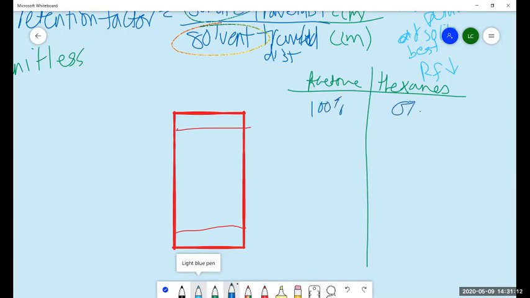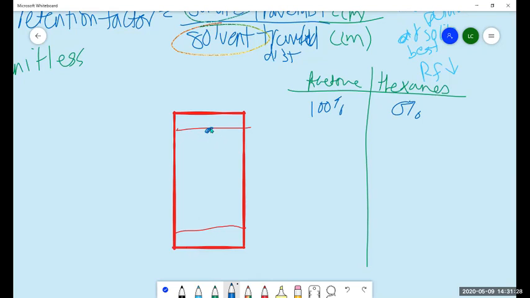So if you had 100% and 0%, for those who did that, you would notice that using acetone with this phase meant you had no separation.